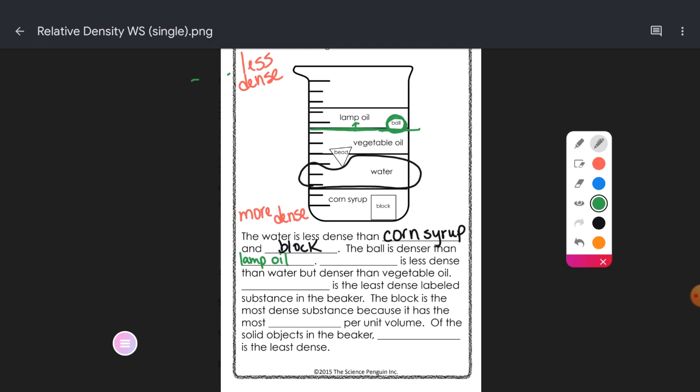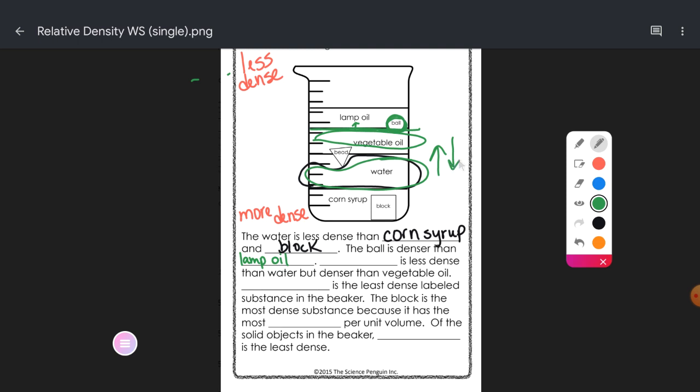Blank is less dense than water, but denser than vegetable oil. So we're focusing on water and vegetable oil. So it says it's less dense than water. So if it's less dense than water, are we going up from water or down from water? Up. So it has to be above water and denser than vegetable oil, so below vegetable oil.